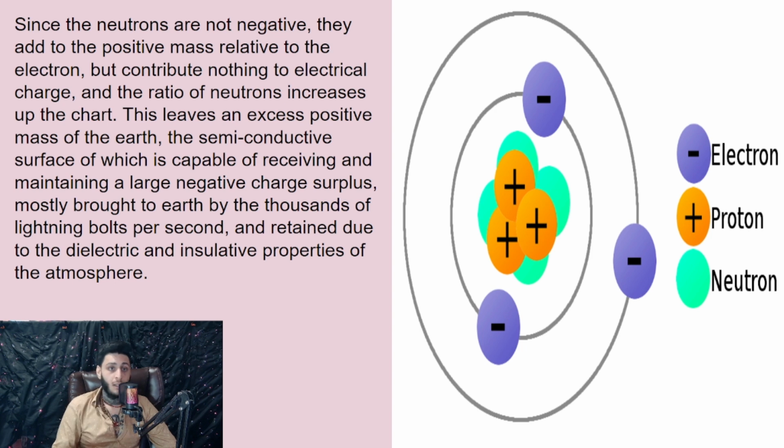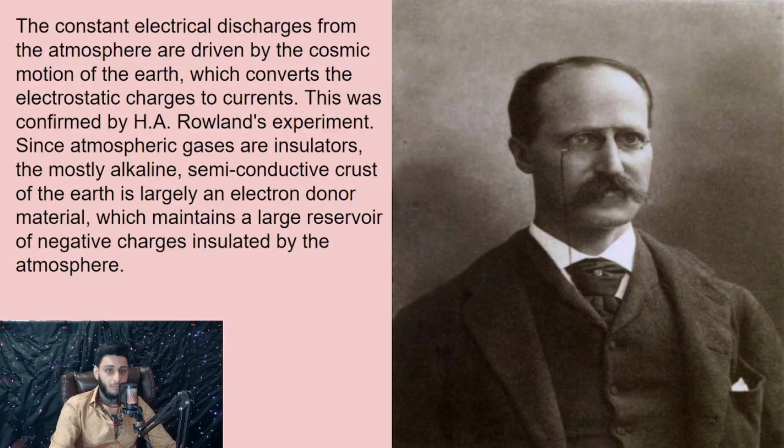Since the neutrons are not negative, they add to the positive mass relative to the electron, but contribute nothing to electrical charge, and the ratio of neutrons increases up the chart. This leaves an excess positive mass of the Earth, the semiconductive surface of which is capable of receiving and maintaining a large negative charge surplus, mostly brought to Earth by the thousands of lightning bolts per second, and retained due to the dielectric and insulative properties of the atmosphere.